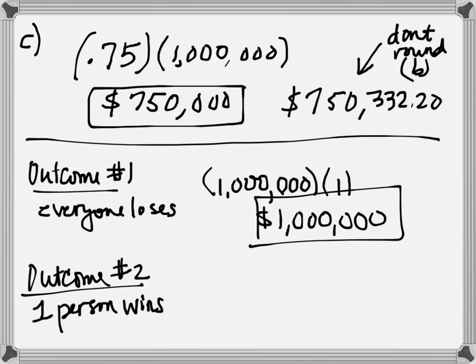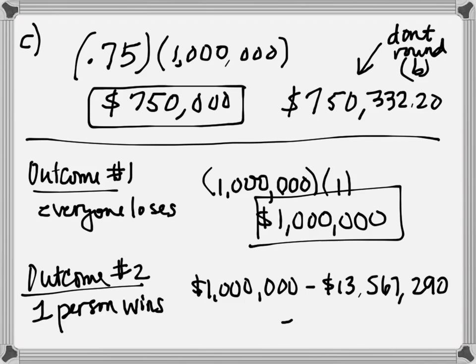How much money was it? 13 some odd million, right? So we should take the $1 million that was brought in for education and pay out the money that they actually earned for winning, which was $13,567,290. So what is that?